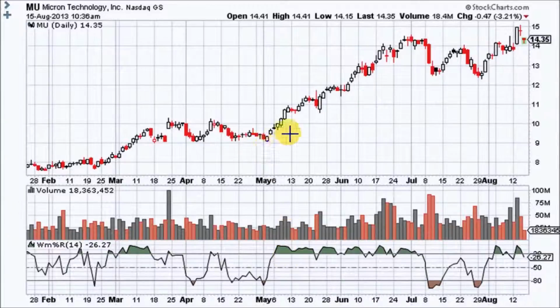When a stock is in a serious uptrend, it can remain above the minus 20 line on percent R for a very long time. So just because it's overbought does not necessarily mean it's bearish. While generally speaking, anything under minus 80 is oversold and is a chance to buy the dip.